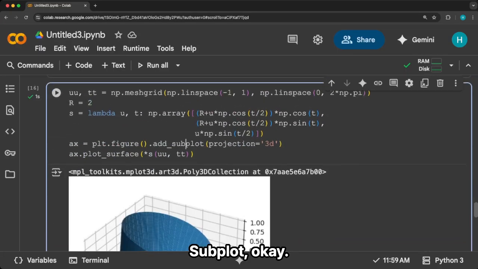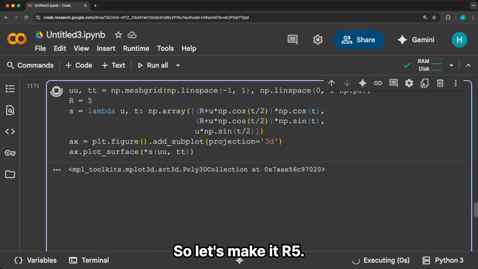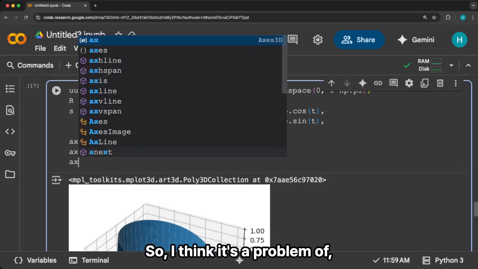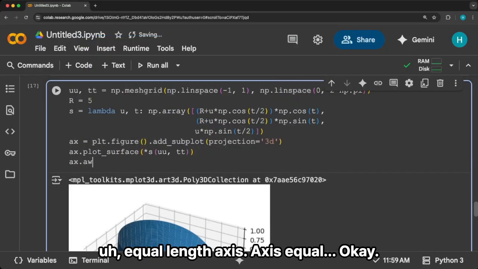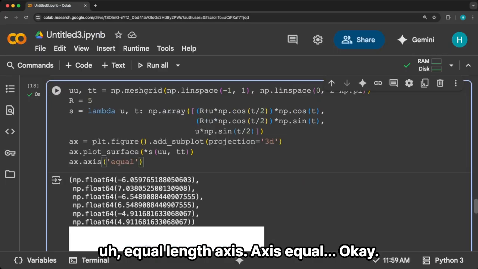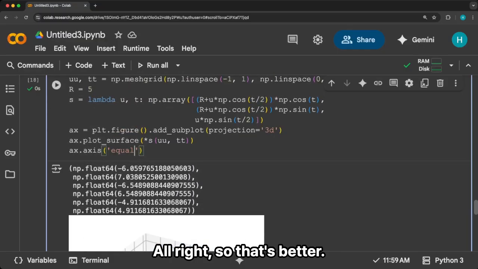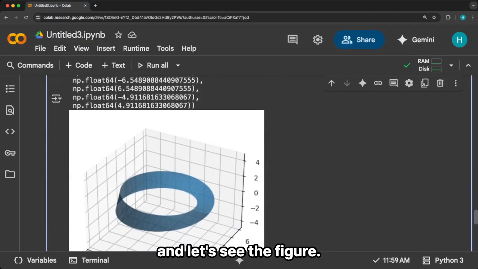Okay. Oh, I think I should make R bigger. So let's make R 5. I think it doesn't matter. I think the problem is about equaling the axis. Axis equal. Okay, all right, so that's better. So this is the code, and let's see the figure.